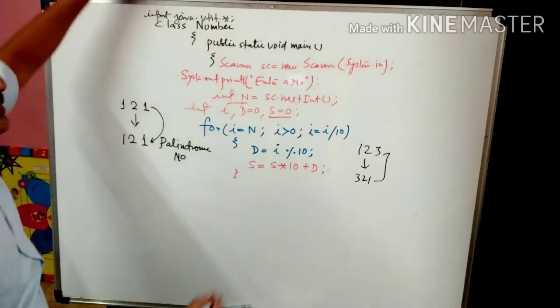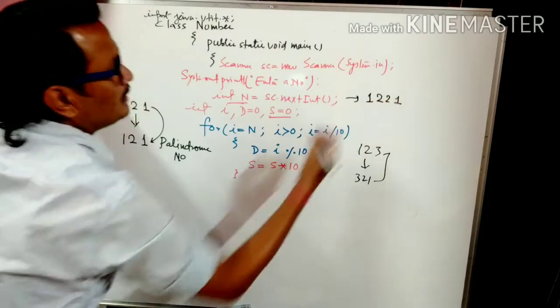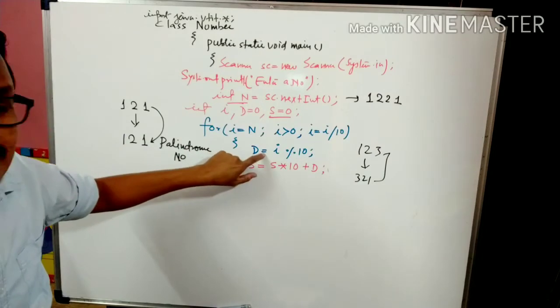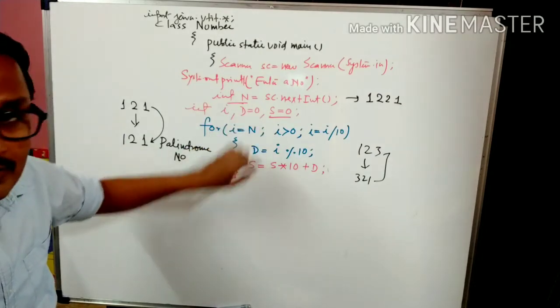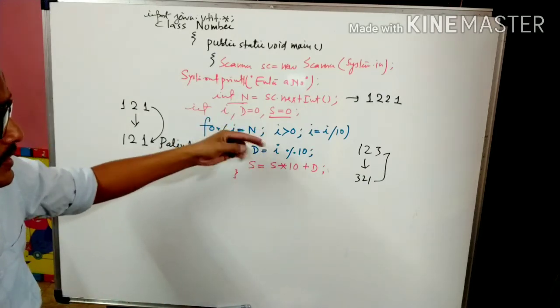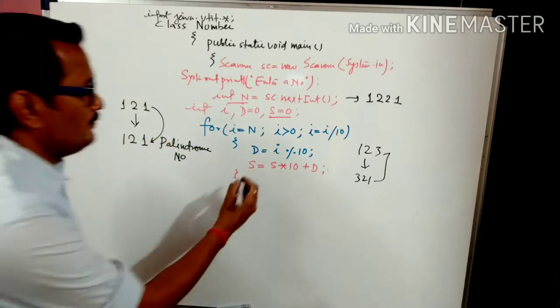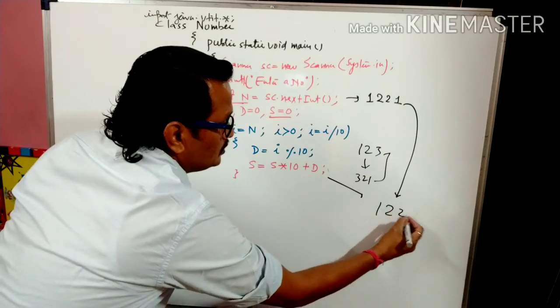So children, suppose the number I input here is 1 2 2 1. It will extract the digits one by one and reverse them. When the condition becomes false, just see the previous question, it will exit from the loop. When it exits from the loop, the value of s will be the reverse of the number, that is 1 2 2 1.